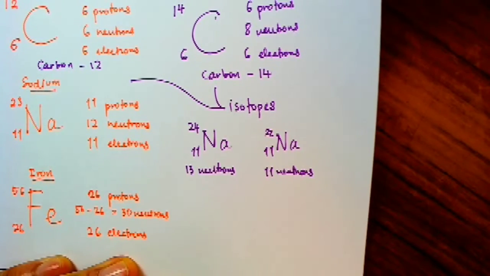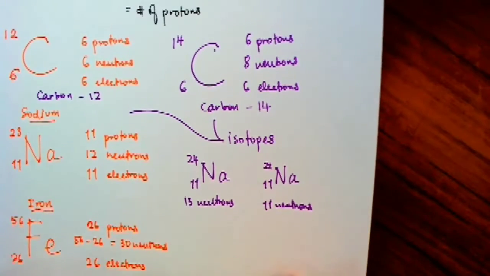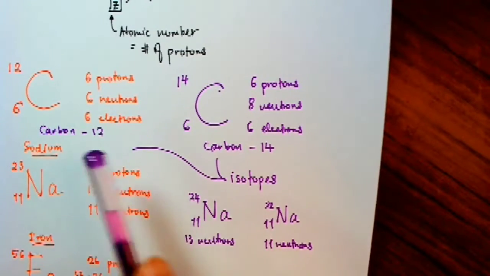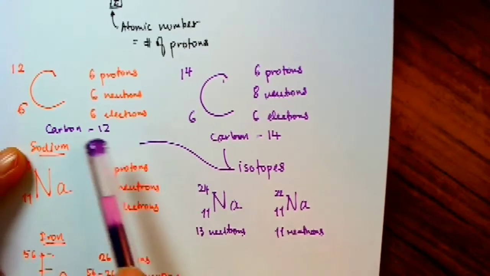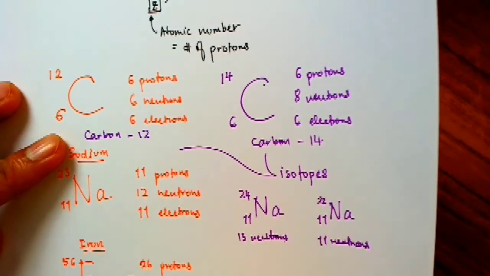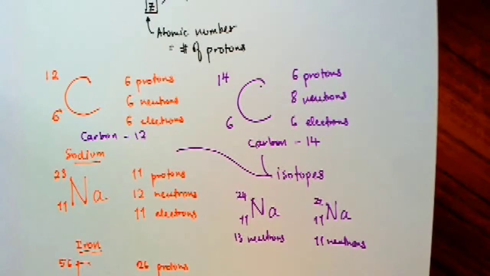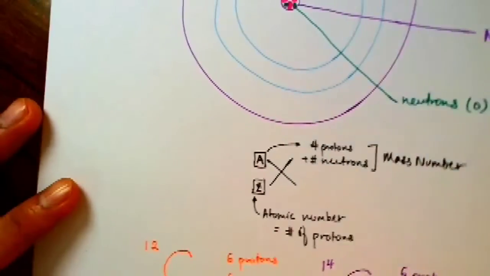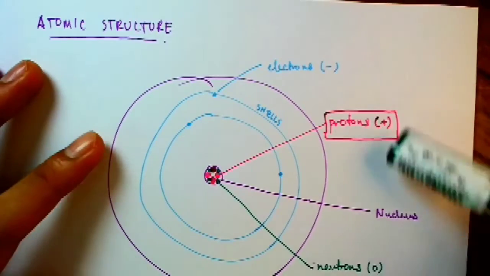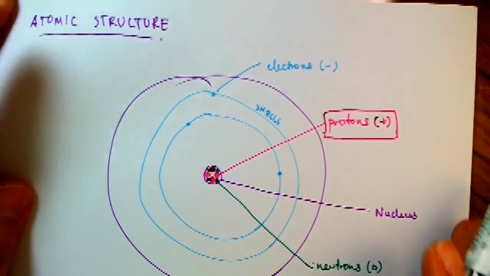As there is a change in the number of neutrons, some chemical properties will change. So atoms with the same atomic number but a different number of neutrons are called isotopes. That you should remember first: isotopes means same atomic number, different neutrons.